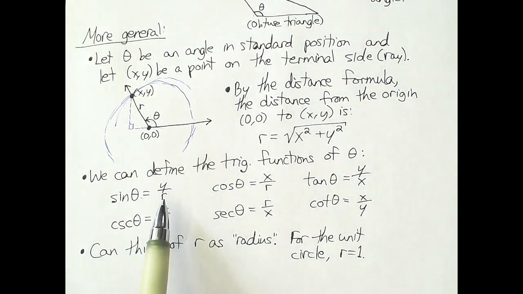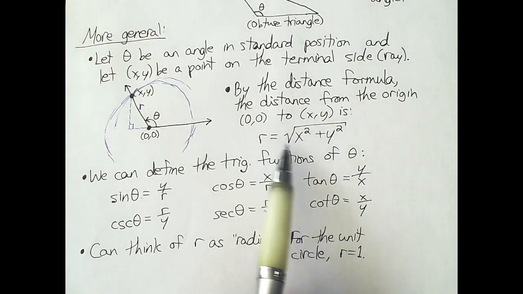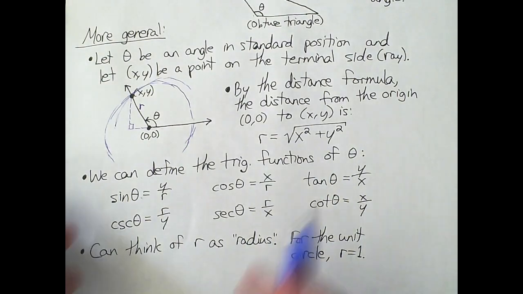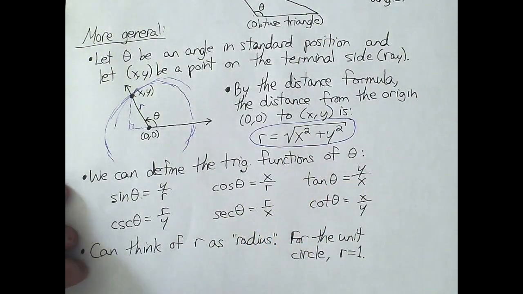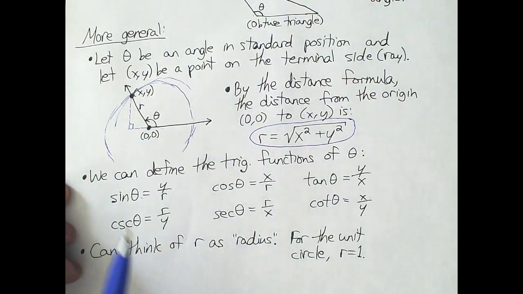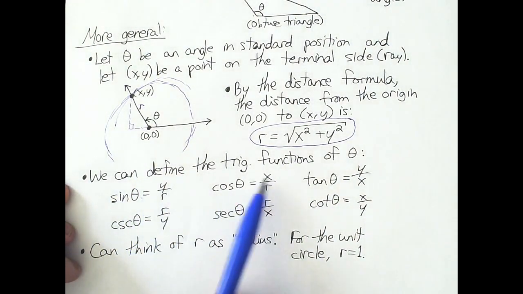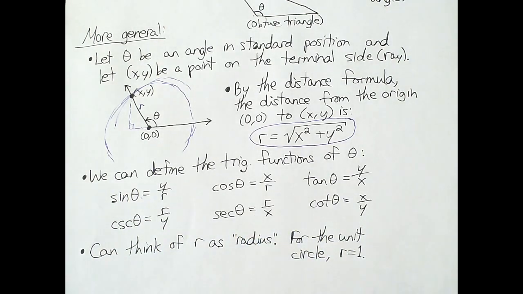Well, you might need to use this formula to find it. So let's circle this formula. If we know x and y, we can use this formula to find r. And then we know all the pieces we need to find all 6 trigonometric functions of theta.